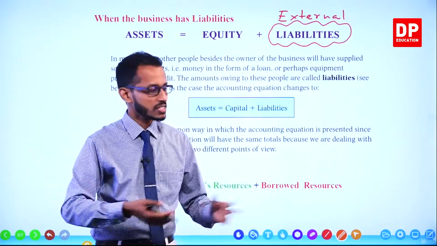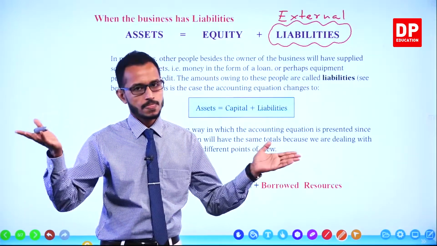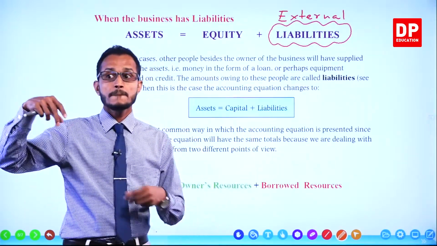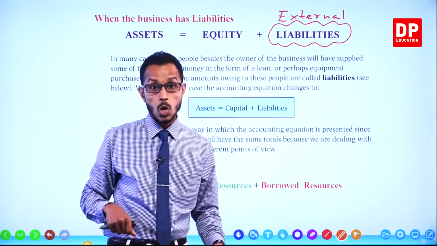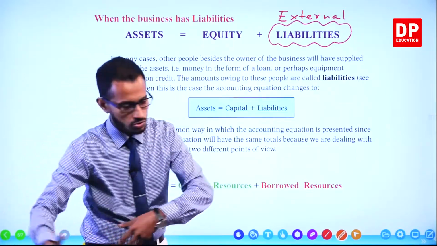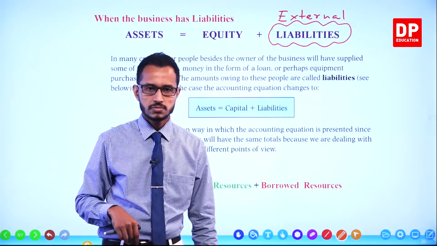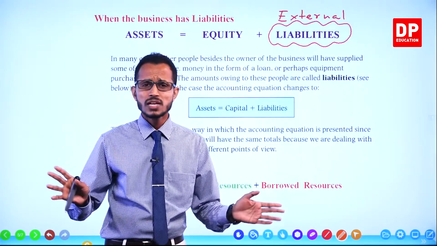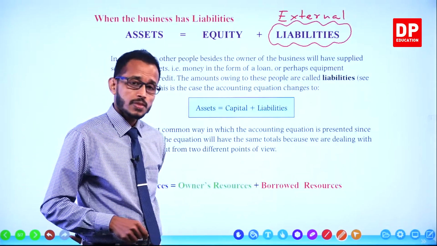We have borrowed. It's like we have borrowed those goods. We haven't still paid. Like we borrowed money from a bank as a loan. We have borrowed goods from a supplier, from a company. All those are liabilities. I'm asking you this question.